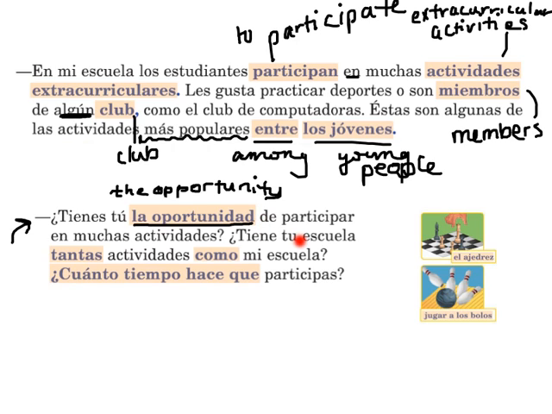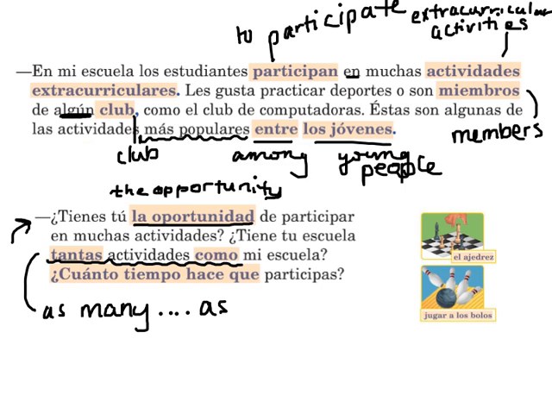Does your school have as many activities as my school? This is another one of the grammar concepts that we're going to be working on this chapter. Not just comparisons like more than or less than, but also comparisons of equality or the same. So as many ... as. Tantas como, and then you use a noun in the middle.